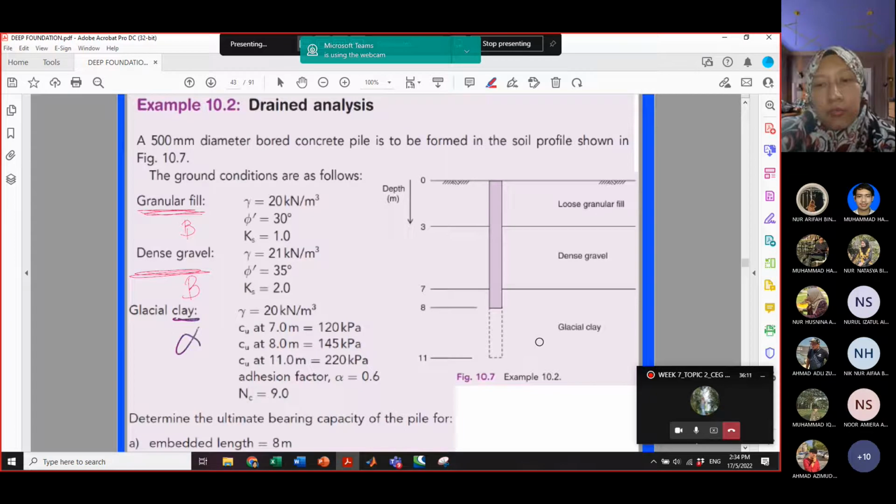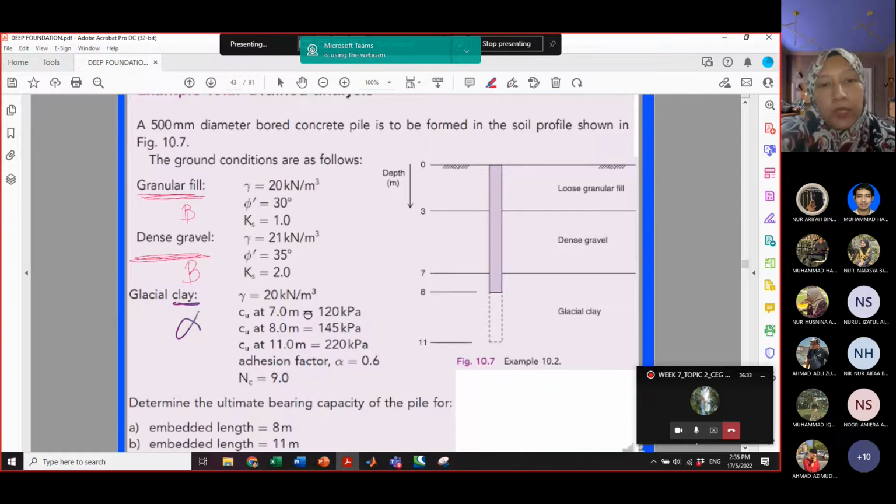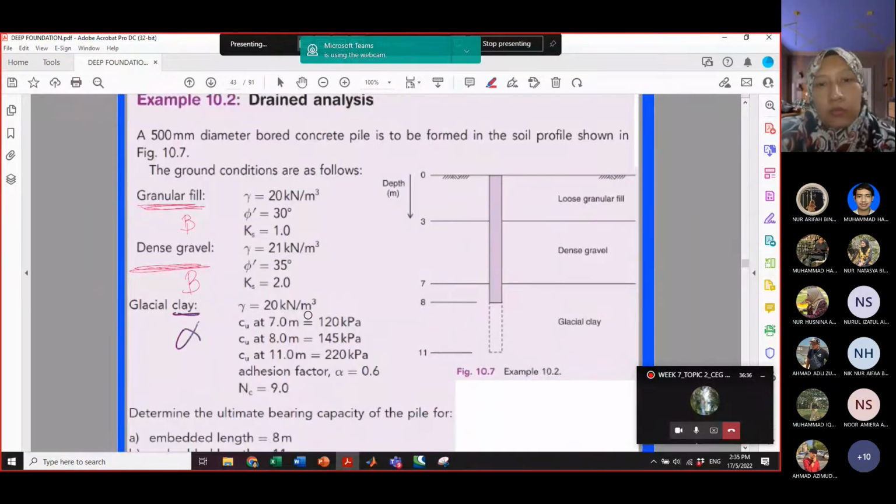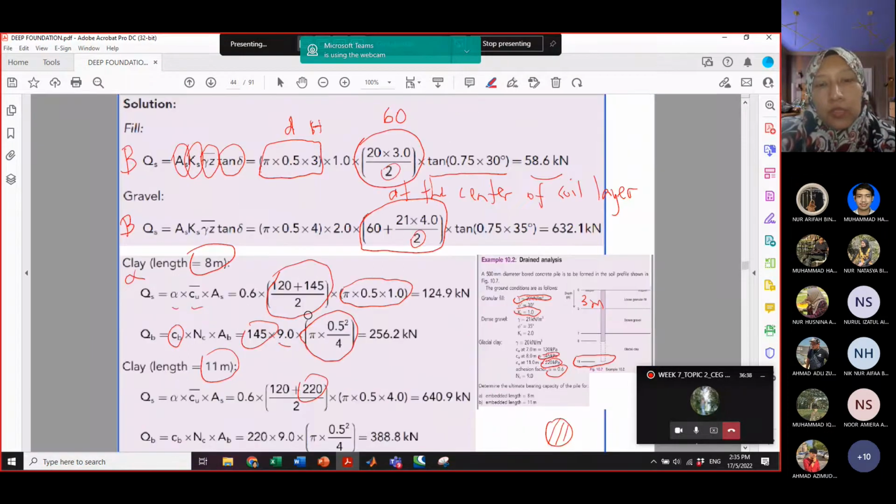Then the third layer from the ground surface is pile in clay. You can see how it is calculated to get the average CU. The formula is different according to pile in sand or pile in clay. I think you have to go through this one by yourself.